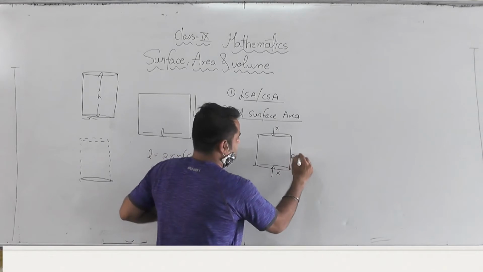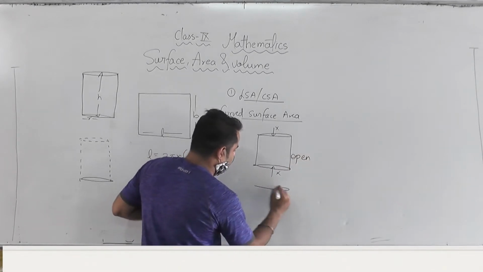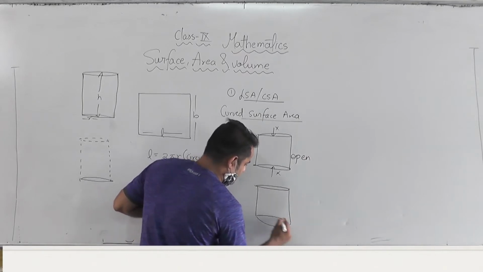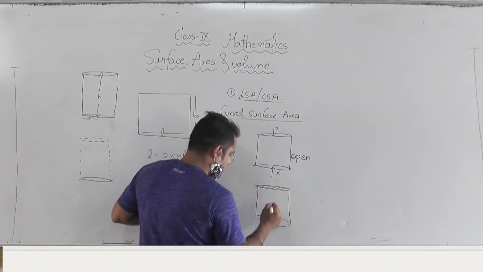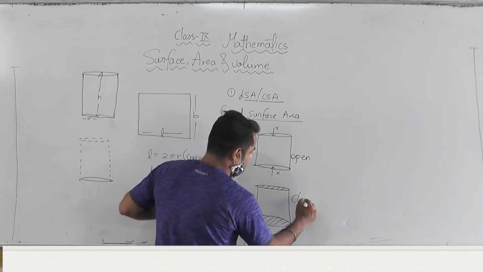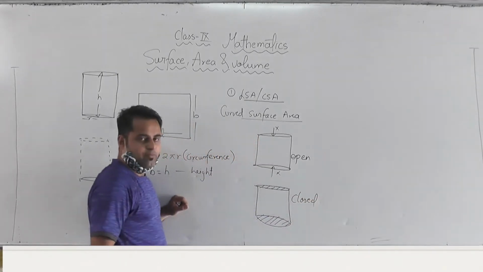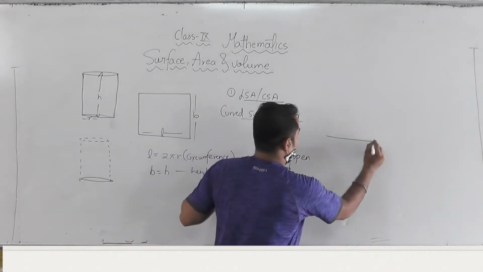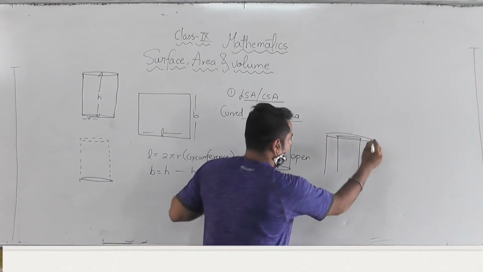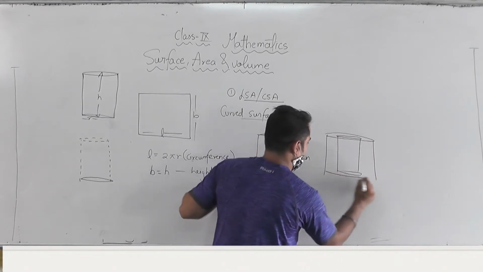The second one is called a closed cylinder, like a barrel of petroleum or any other liquid. This barrel has a base and a top, so it is called a closed cylinder. And the third type is called a hollow cylinder.